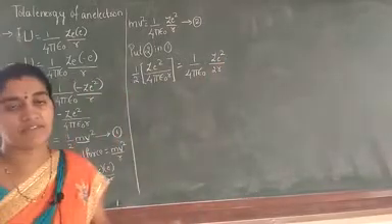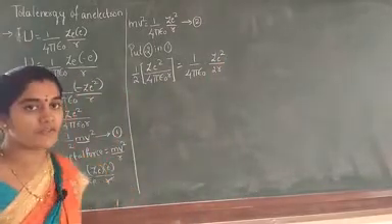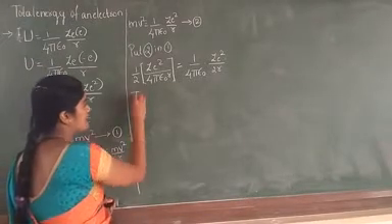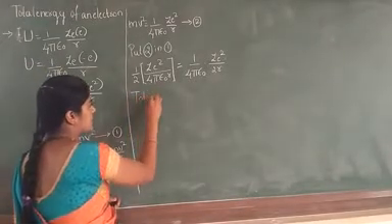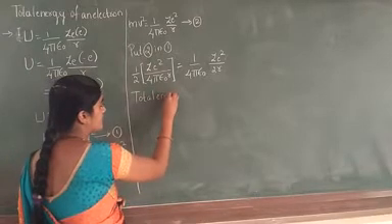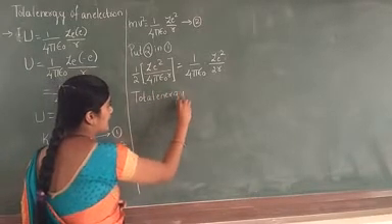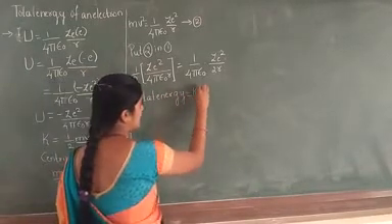Now we have the value of the kinetic energy. By using this we find the total energy. The total energy is equal to the kinetic energy plus potential energy.